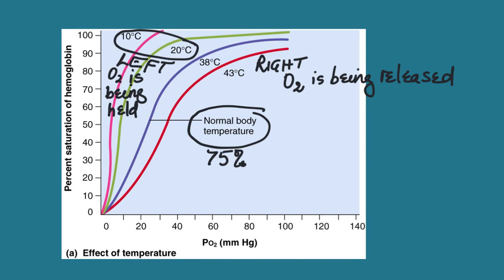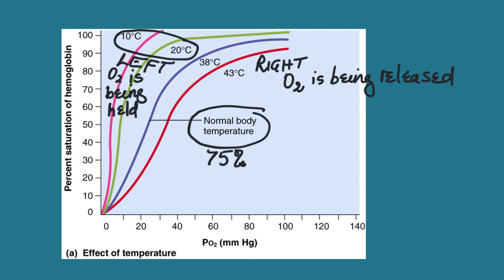So when you look at this at 43 degrees Celsius, the temperature of a tissue which is very high clearly means that the tissue is metabolically active. So the hemoglobin decides to give up the oxygen. So any curve to the right means giving up the oxygen. Any curve to the left means holding on to the oxygen.